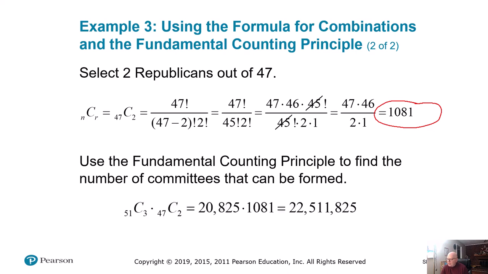So multiply the 2 numbers together. There's our number of ways to choose Democrats, there's the number of ways we can choose Republicans, and for our 5-person committee, we can pick them 22,511,825 different ways.